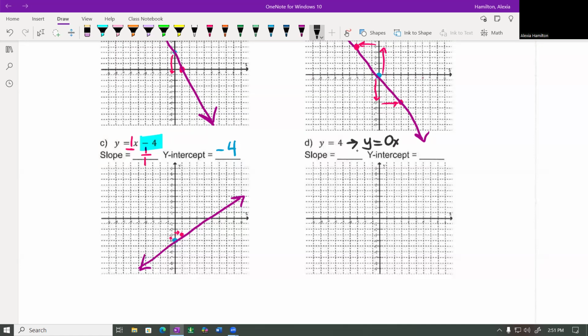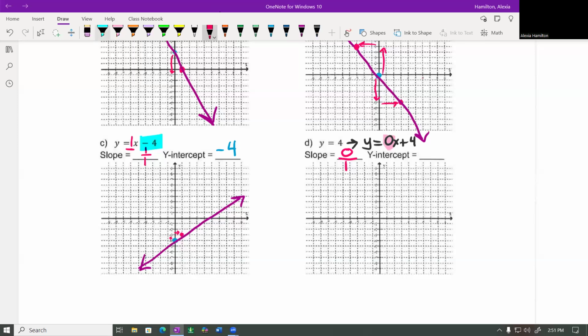Because 0 times anything is 0, and 0 plus 4 is just a 4. So this is writing way too much stuff, but it gives me the number with the x for my slope of 0 over 1, because I need a fraction.